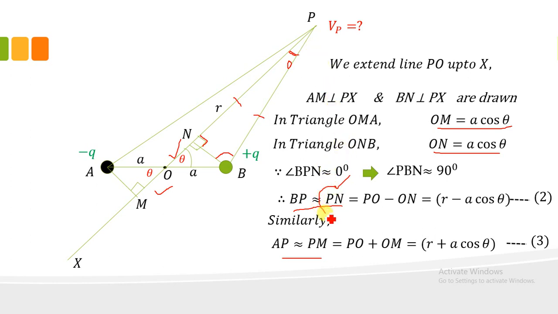Now this PN can be written as OP minus ON or PO minus ON. So it becomes r minus A cos theta, and AP becomes r plus A cos theta. See here, AP is equal to PM, so PO plus OM, r plus A cos theta.